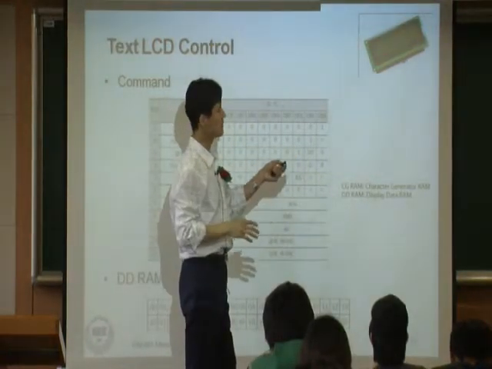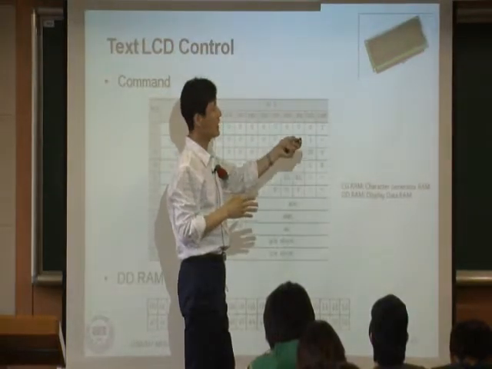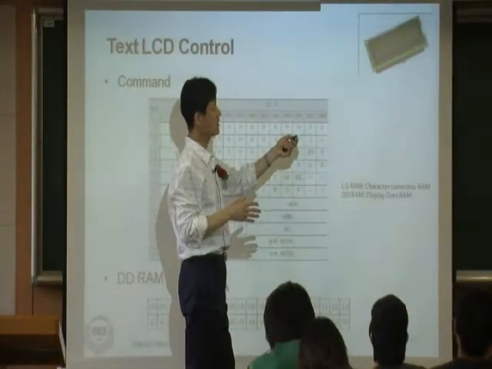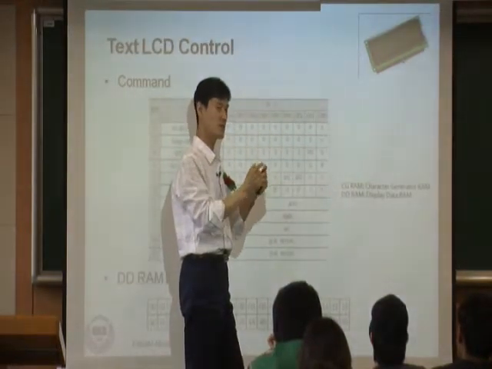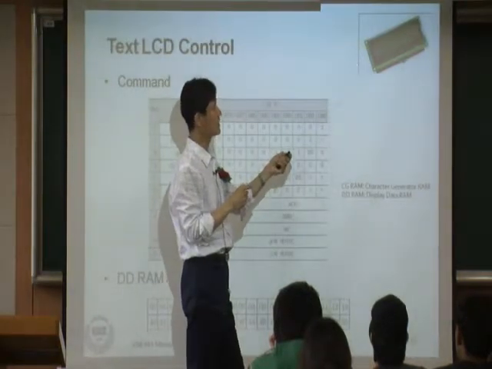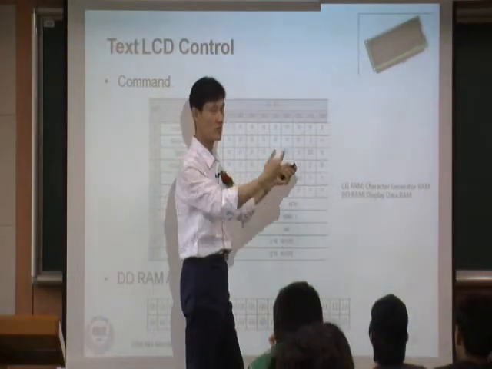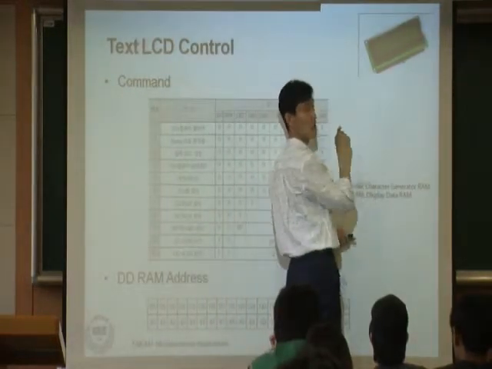That is already there in the data sheet. When you buy this LCD, you have a specification of that LCD. In that specification, you will find out how much delay you need for each character. Okay? So find that delay value in the data sheet.